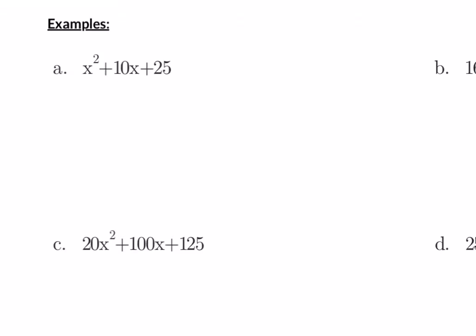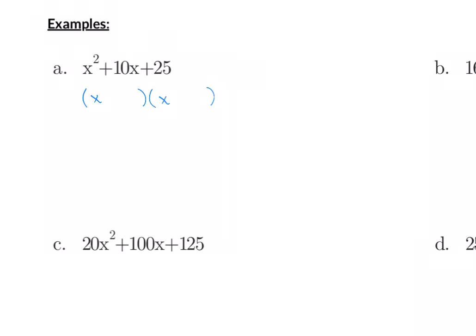Example A, we have x squared plus 10x plus 25. So I'm going to go ahead and just factor this like normal. In order to multiply to x squared, you have to be x and x.